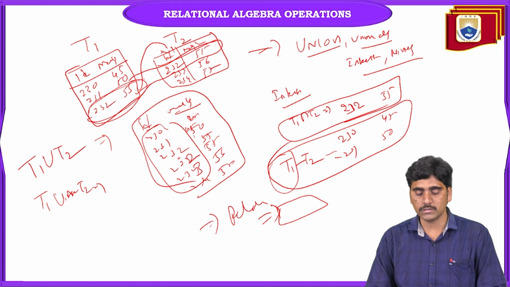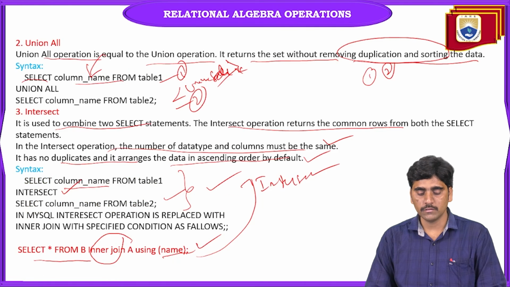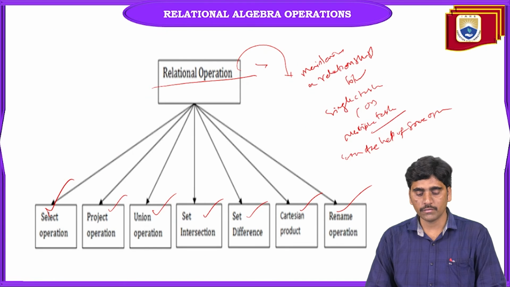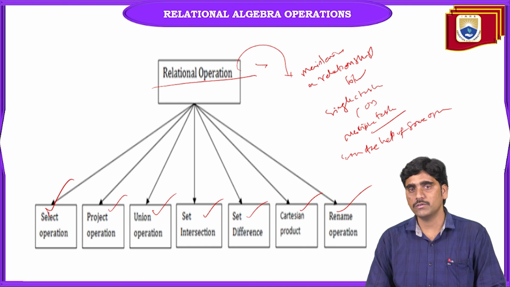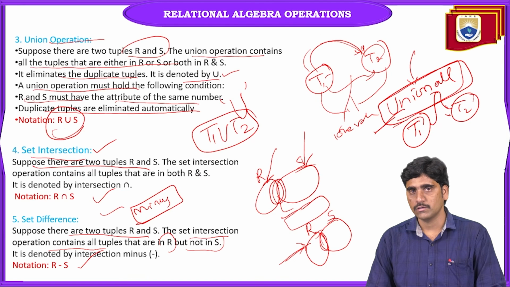So, what we discussed in this session: there are different types of relational operations, namely selection, projection, union, set intersection, set difference, Cartesian product, and rename operations. Along with this, we discussed set operators also.